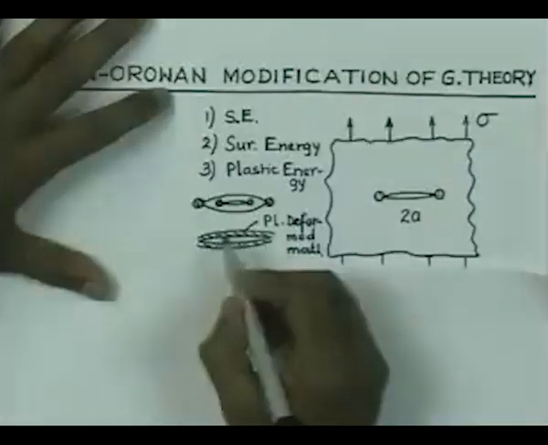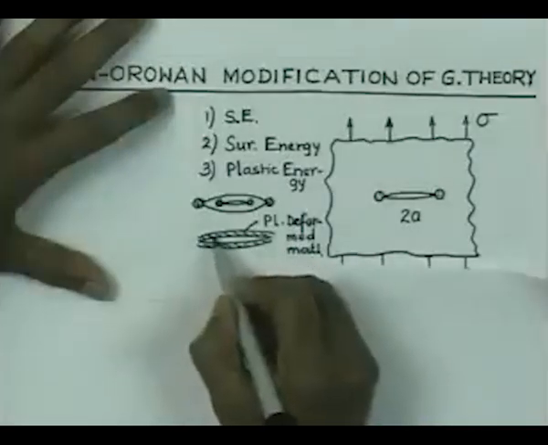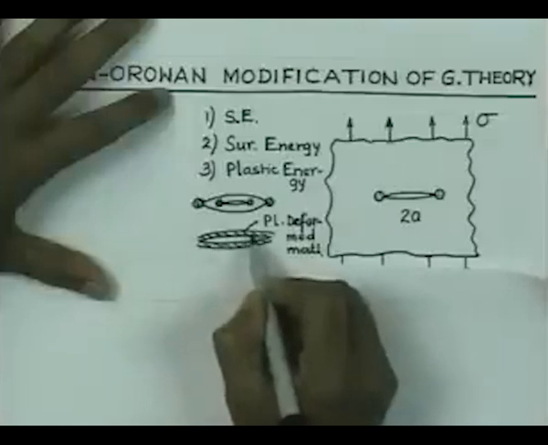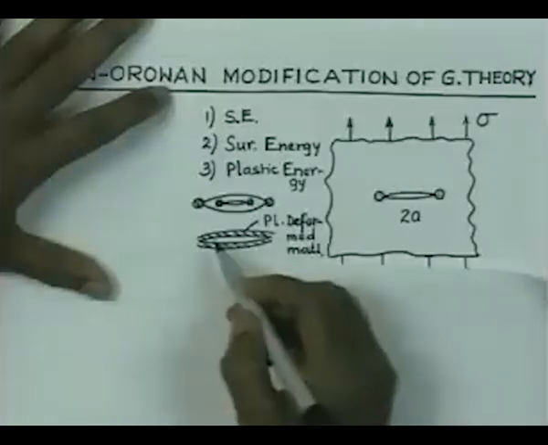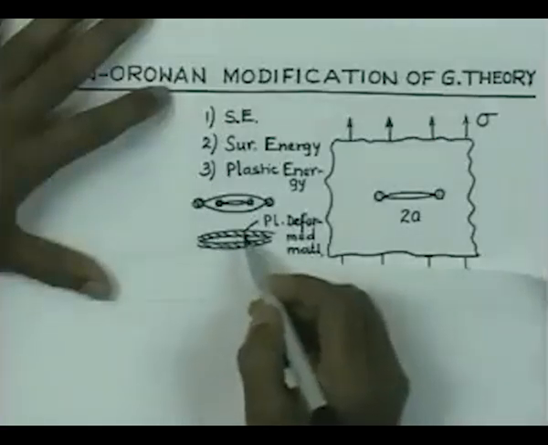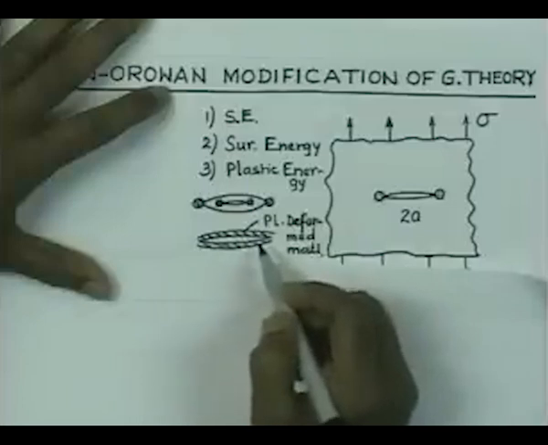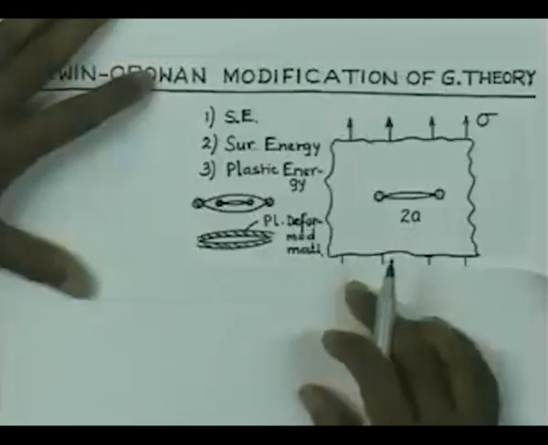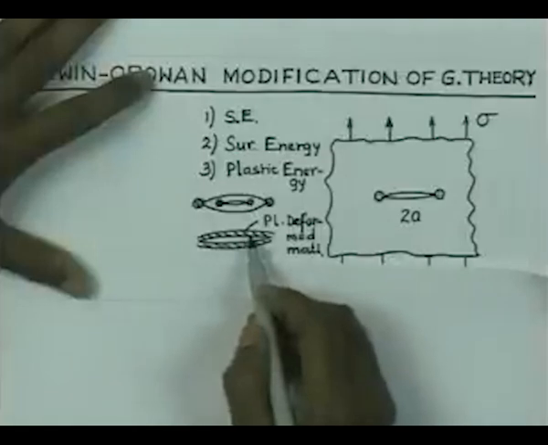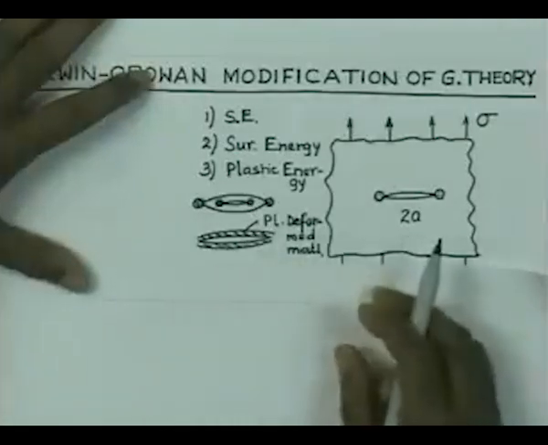If we consider that the thickness of the plastic zone around the crack edges is more or less constant, then the amount of energy which goes into creating this plastically deformed zone can be considered to be constant. We consider that the surface energy quantum is constant, so also we can assume that the plastically deformed material around the crack edge has absorbed some quantum of energy.